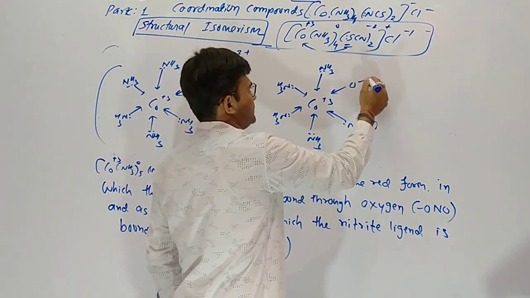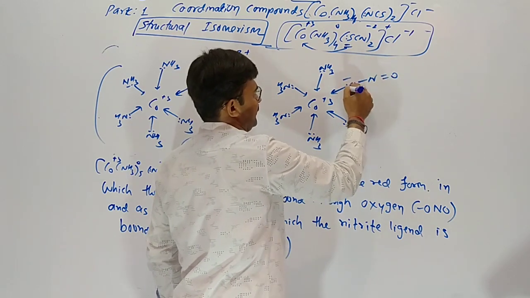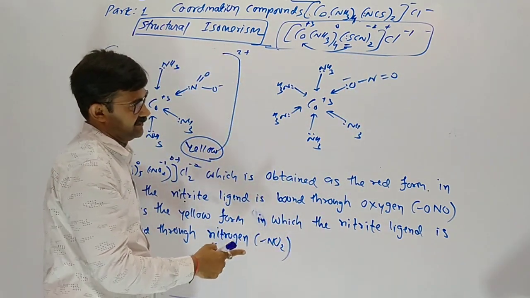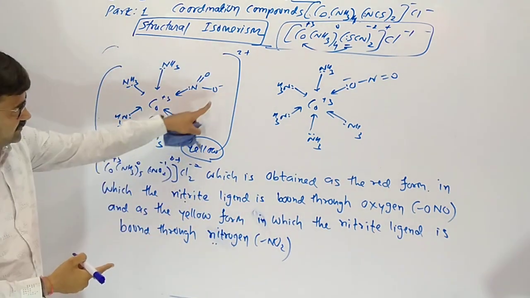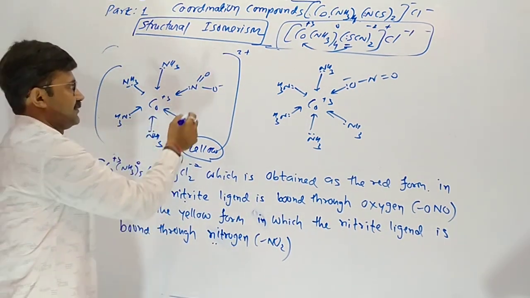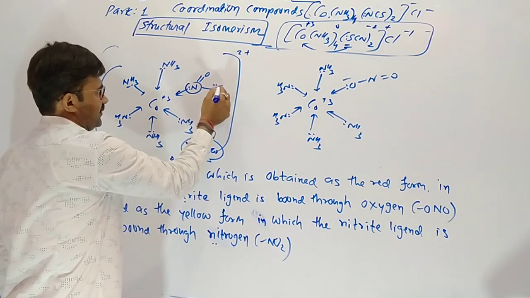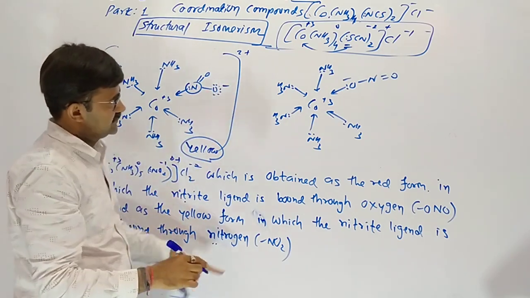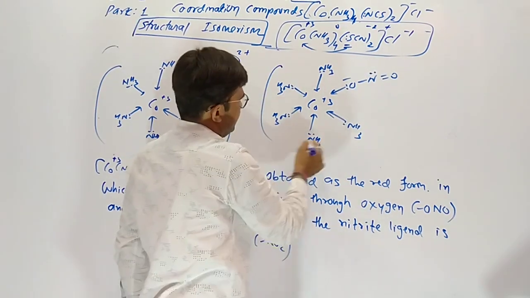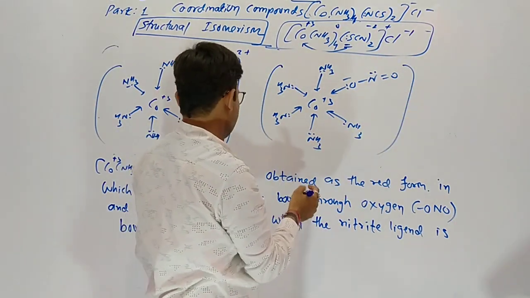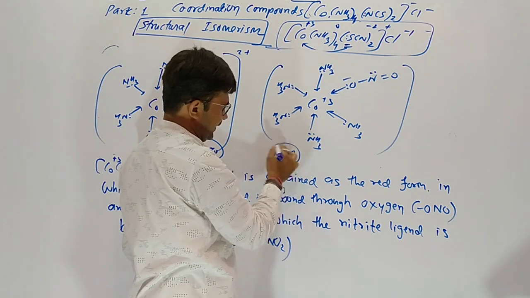But here oxygen is donating the electron pair to the metal, NO2. Whenever nitrogen donates, then oxygen is not donating. If oxygen donates, then nitrogen is not donating here. So both are different, and this one is red colored.